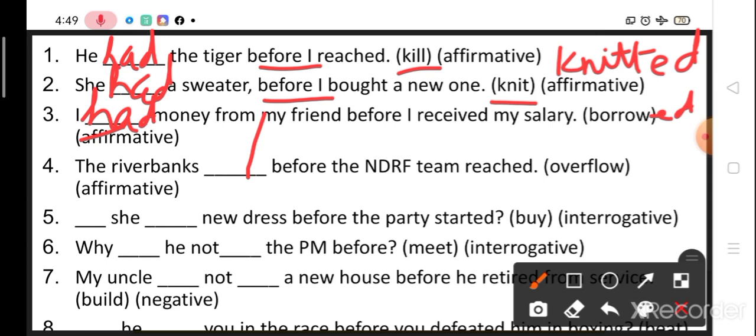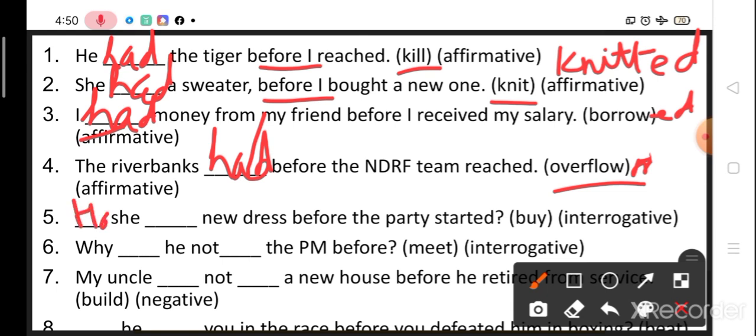The river banks had overflown before the NDRF team reached.